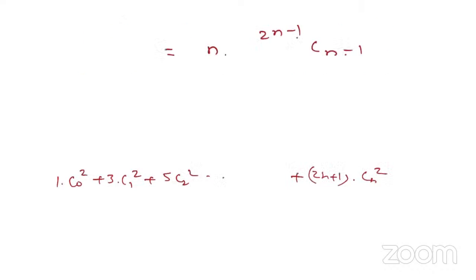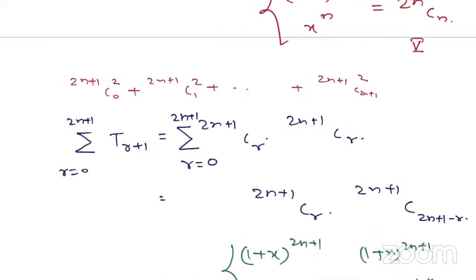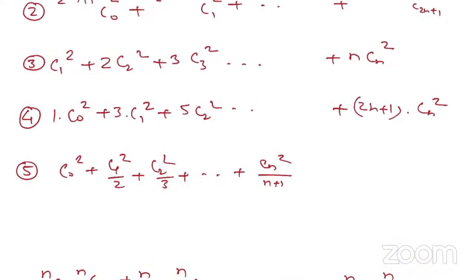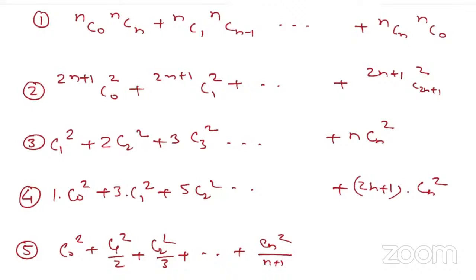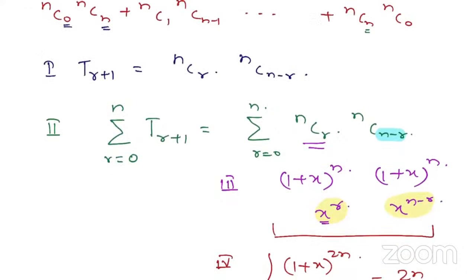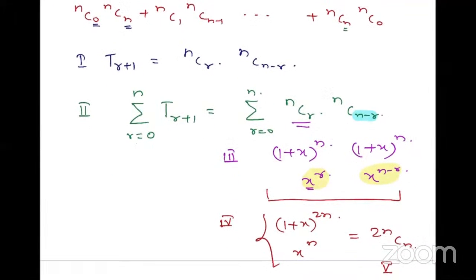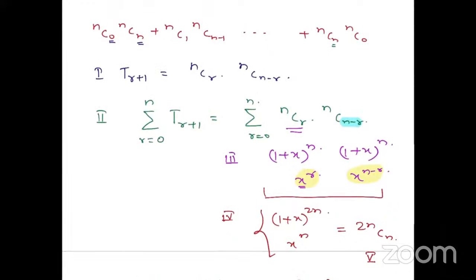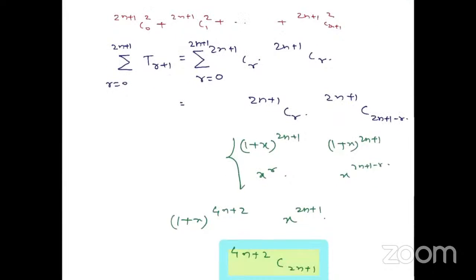Meanwhile, a few of the students are joining late, so I'm just briefing this. These 5 questions I have given for revision purposes, or we can say I have to start from there. The first one we already did in the previous class. The second one is again the same as the first one, applying the same concept.